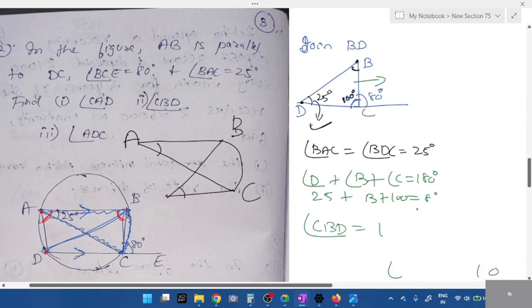Angle CBD is 180 minus 125, how much? 55 degrees.